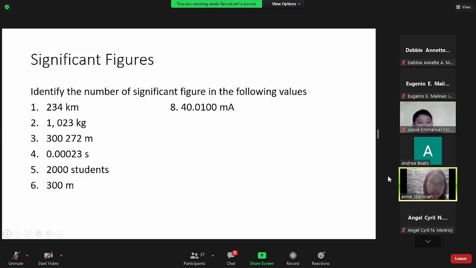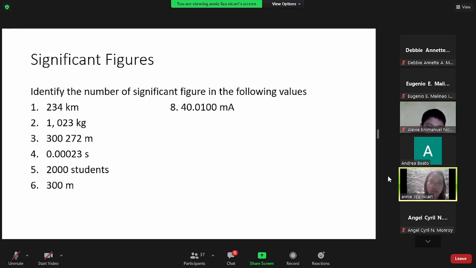Number 6 has 2 zeros at the end. These zeros are called tail zeros.